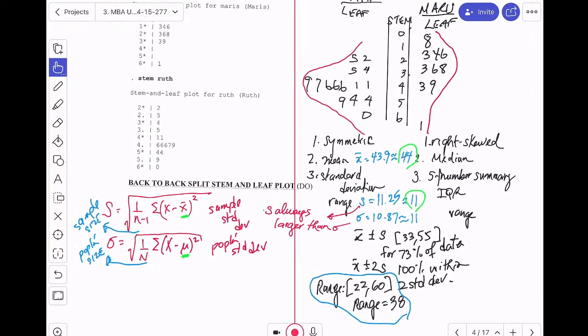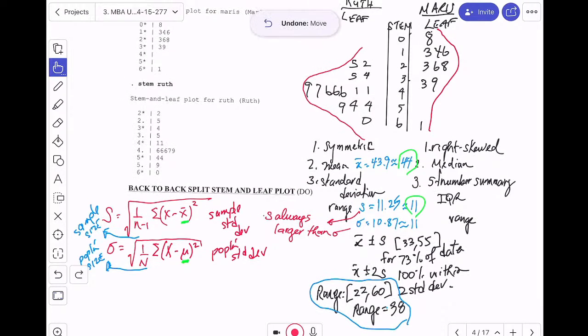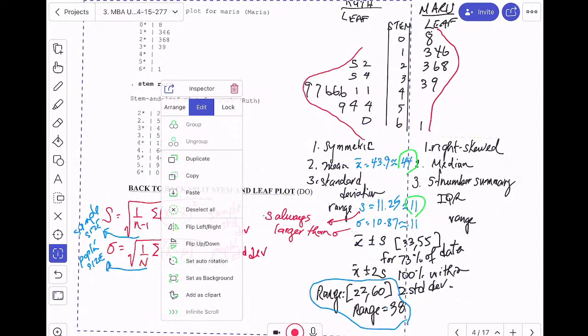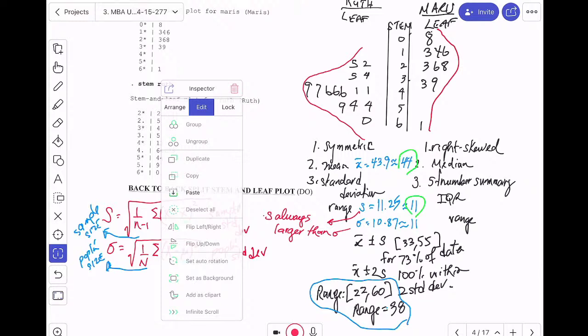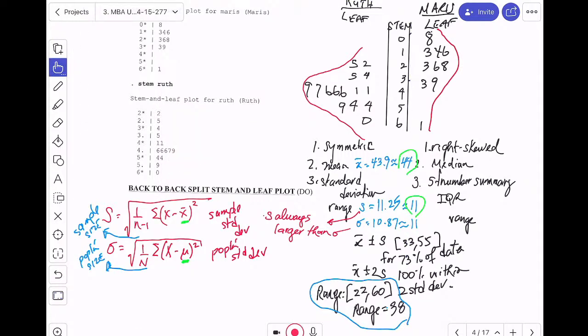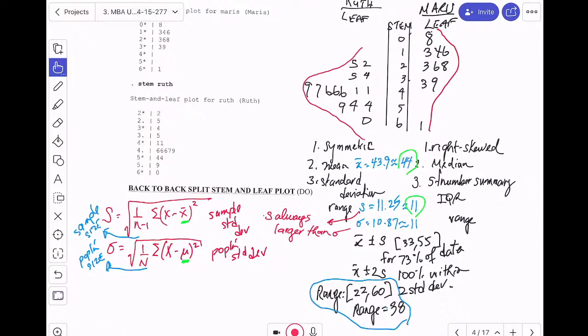This is killing me. The separation. Okay, what I'm going to do is just move things over maybe. Not good.